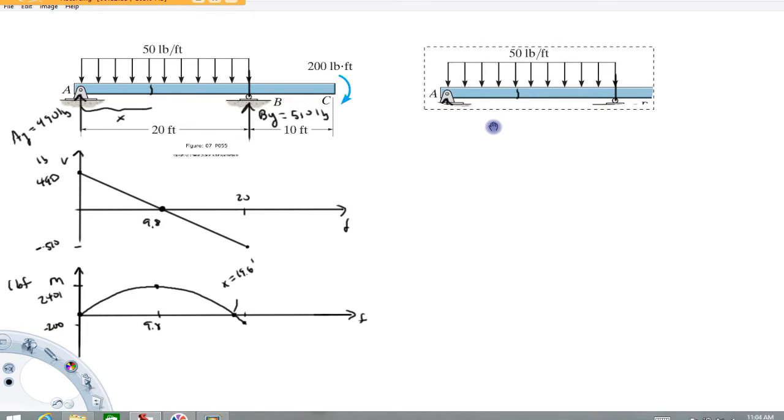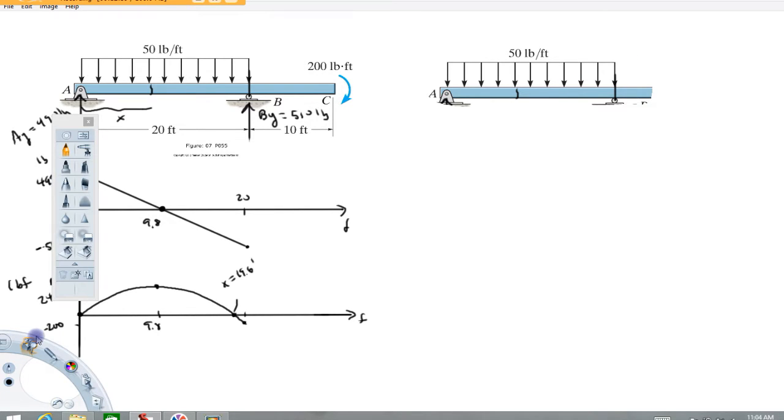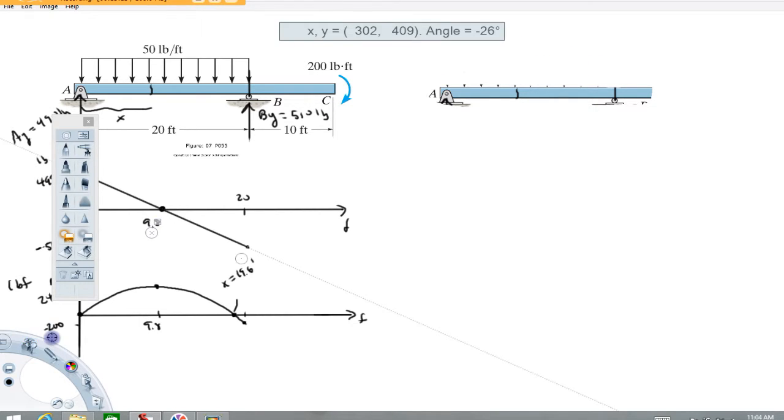All right. Now, I'm going to do a little work here. For starters, I'm going to replace this distributed load. I'm going to get rid of it and replace it with a single force vector at 10 feet.